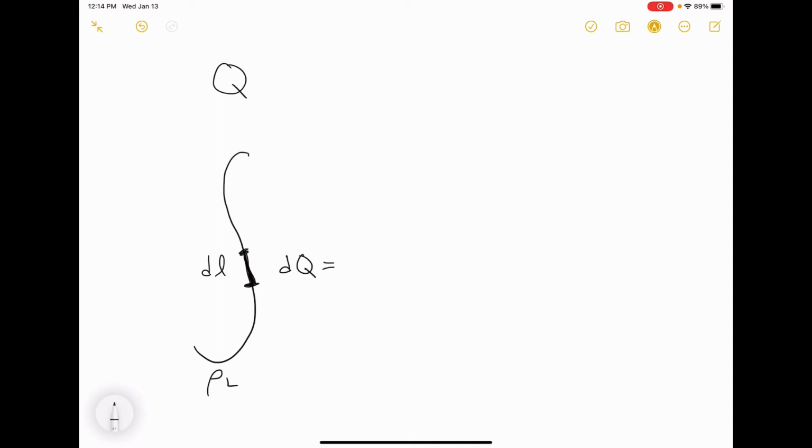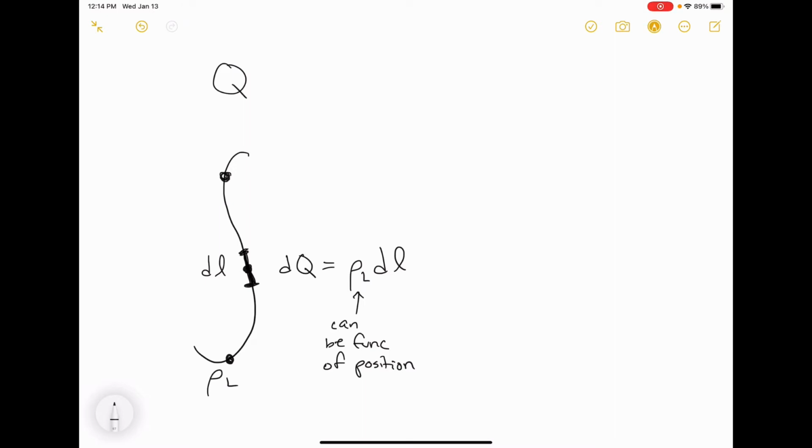And that is dq equals rho L times dl. Now, rho L might be a function of position. So it is rho L at this location, which might be different from its value at this location or at this location.